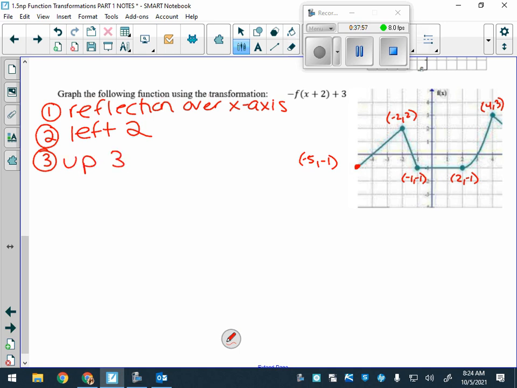Up 3. Okay, so if I was to look at points, -5, -1 became what? I know it's off the graph, but what would it become? Yeah, Kennedy. Good. It would become -7, 4. Awesome.